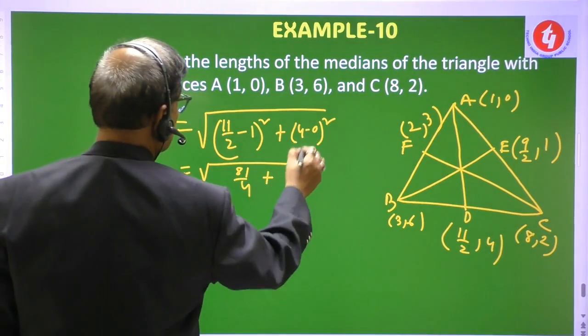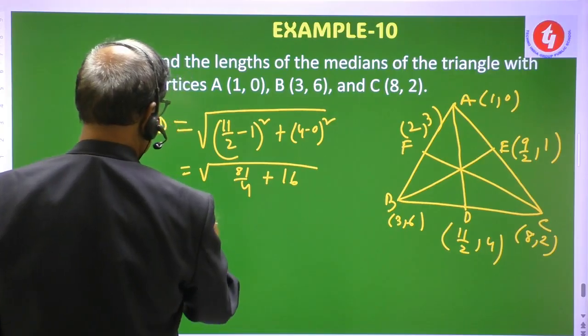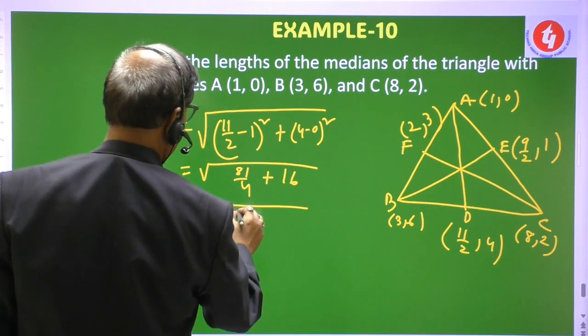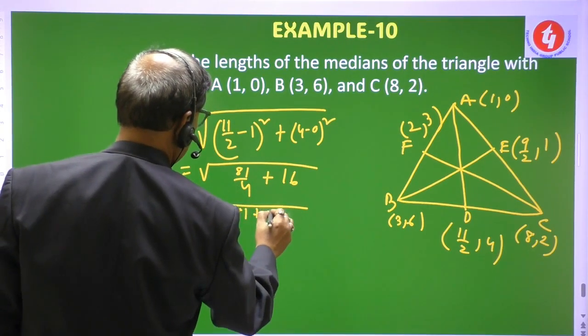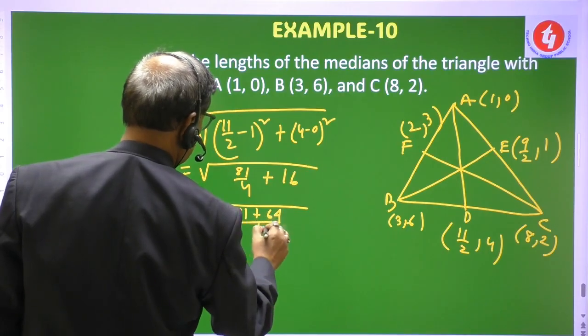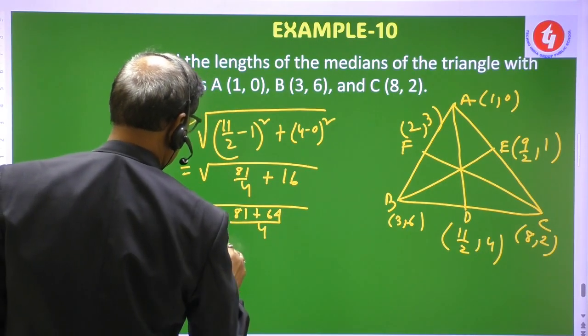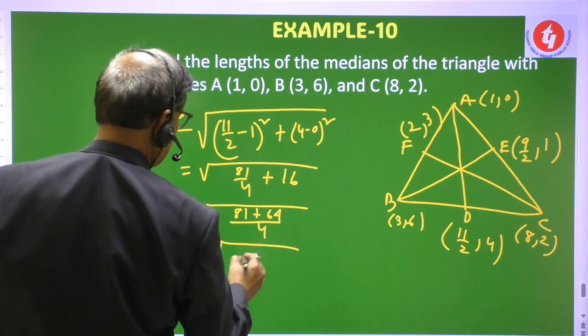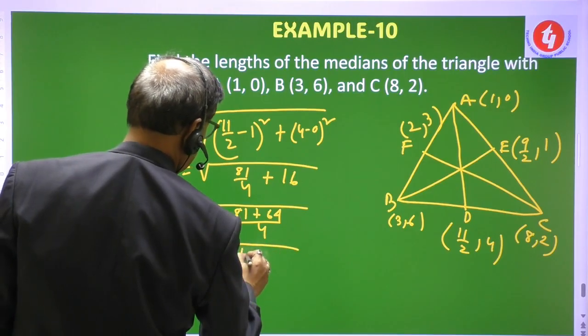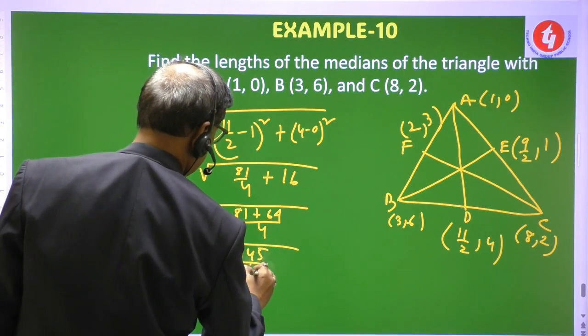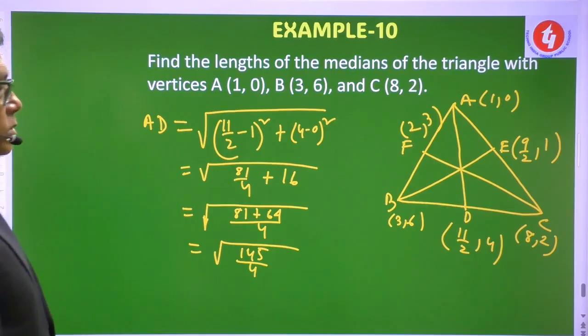And here 4 square, 16. So how much? 81 plus 64 upon 4, the whole root, and it is how much? 145 upon 4. Yes or no?